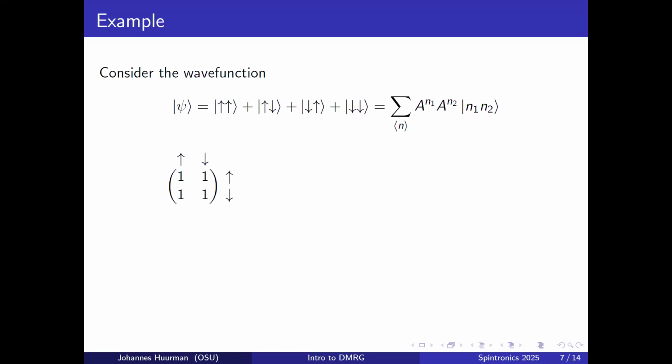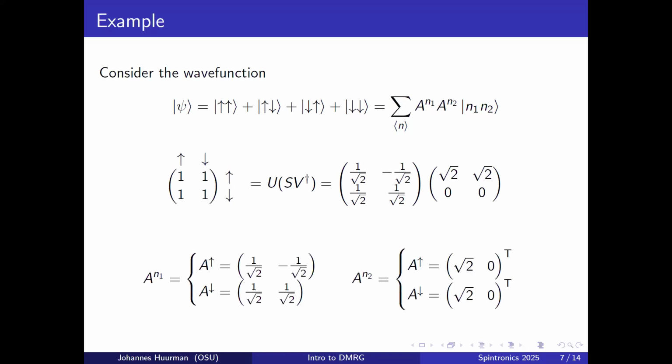And then following the idea of matrix product states, we want to do a singular value decomposition. So if we do this, we end up getting, this is our U, and then this is our S V dagger here. And then the way that we get these A's is, for this example, just by inspection.